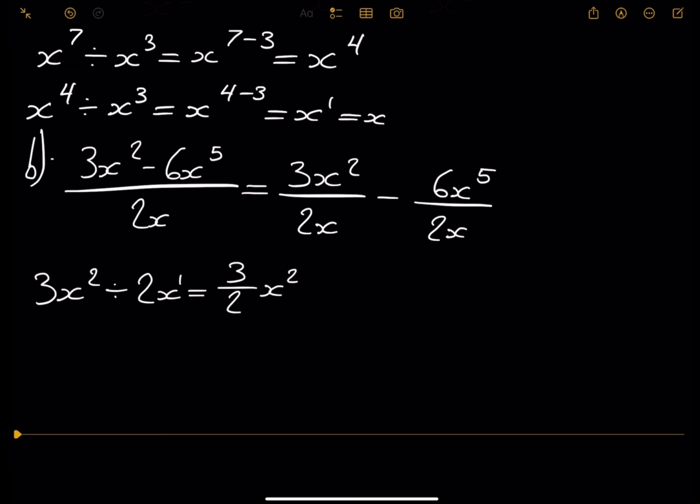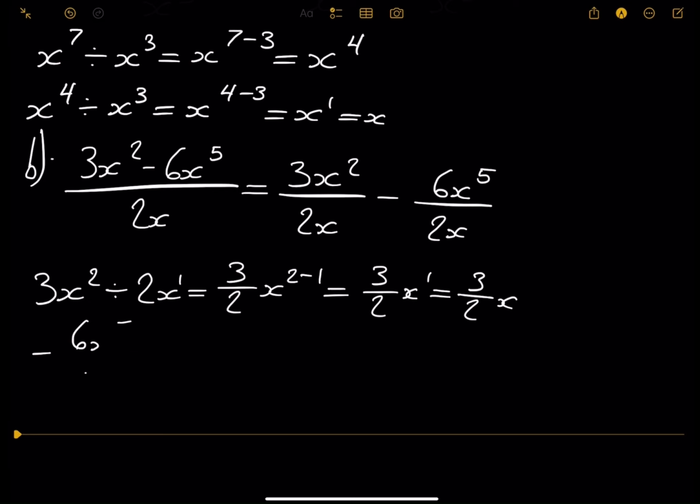That simplifies to 3 over 2 x raised to the power 1, or just 3 over 2 x. And then for the second one, 6x raised to the power 5.